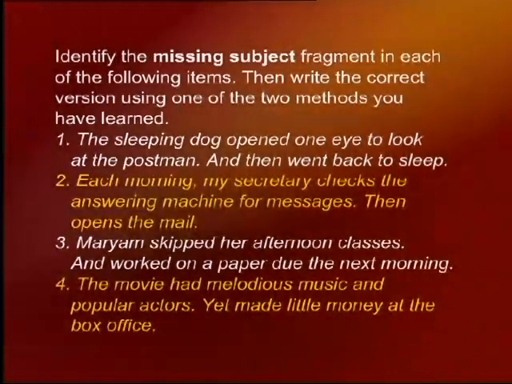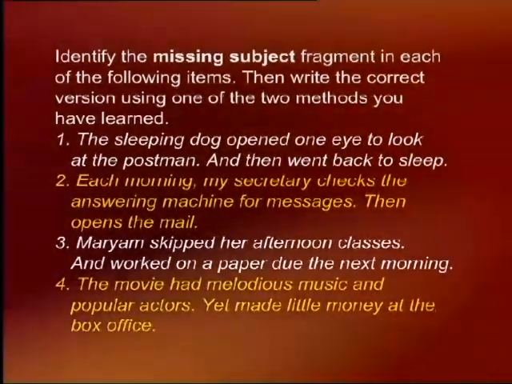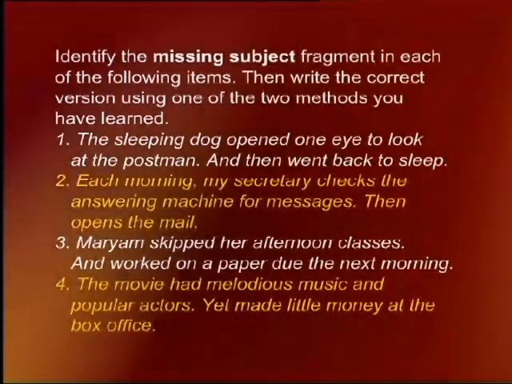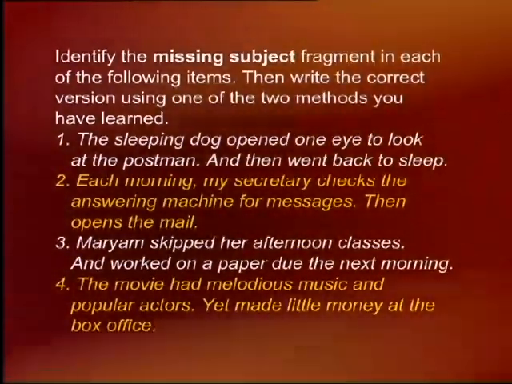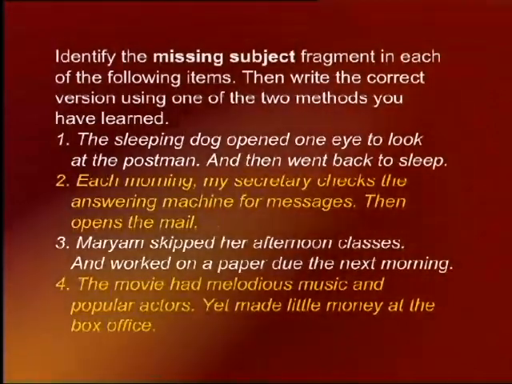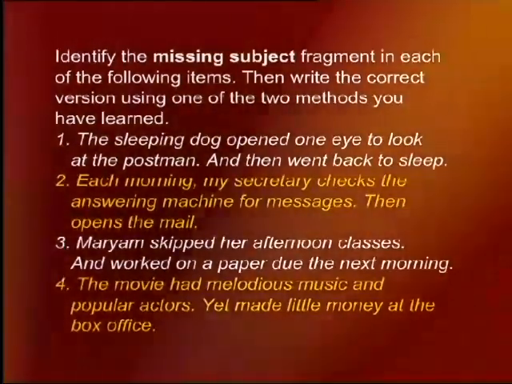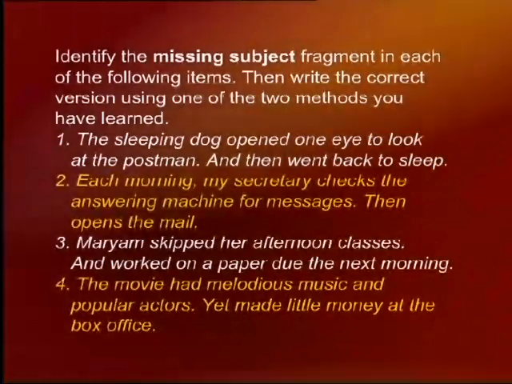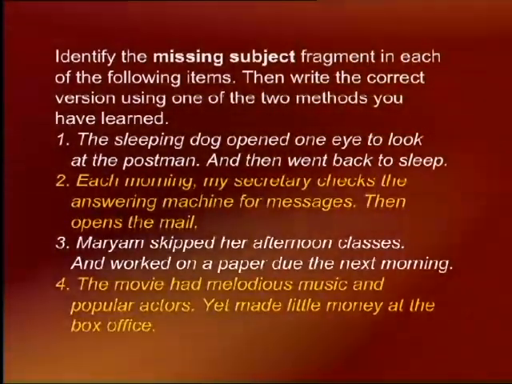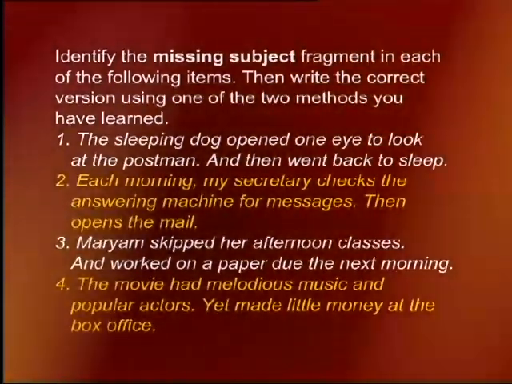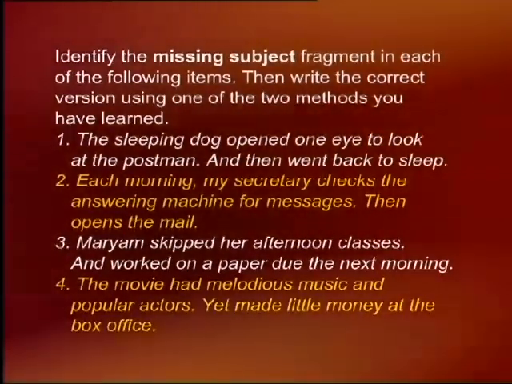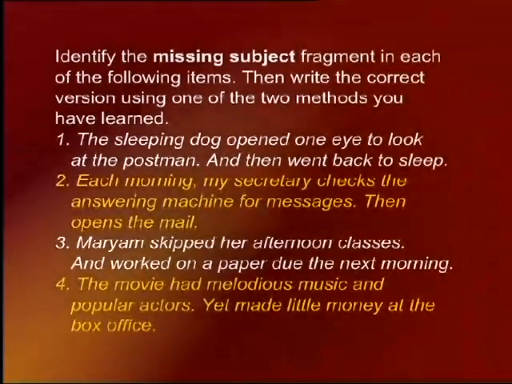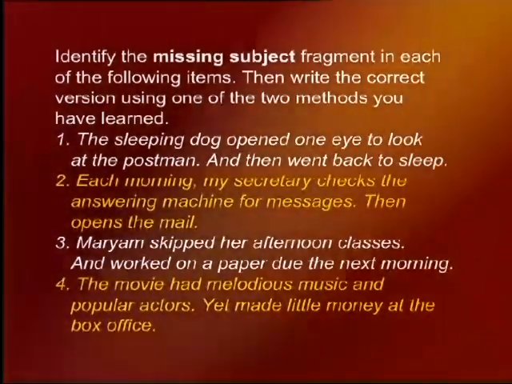You are learning to identify the different kinds of fragments, and that is a missing subject fragment. You can improve that sentence, correct that sentence by inserting a subject, and the subject would be it. The movie had melodious music and popular actors, full stop, yet it made little money at the box office.